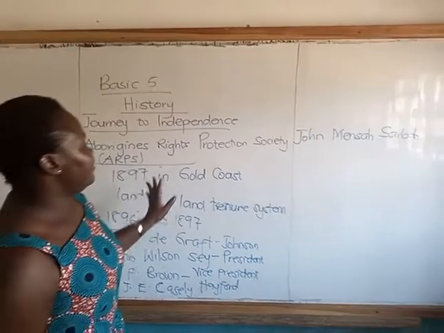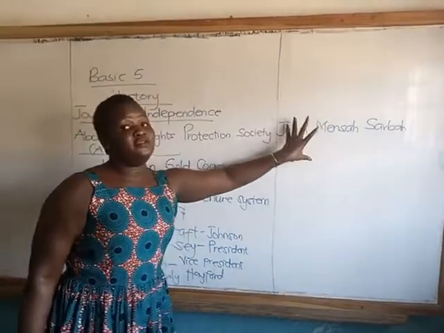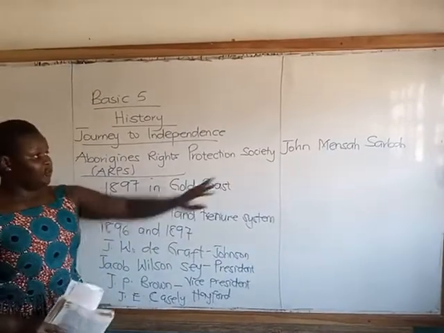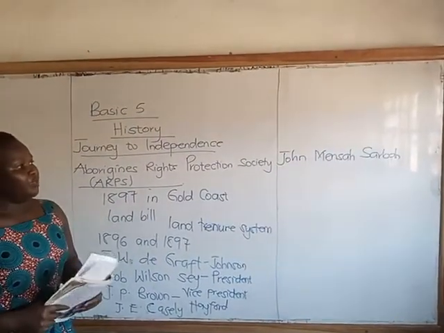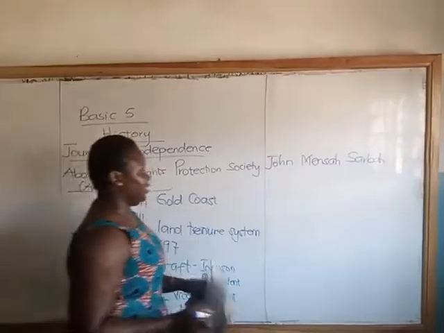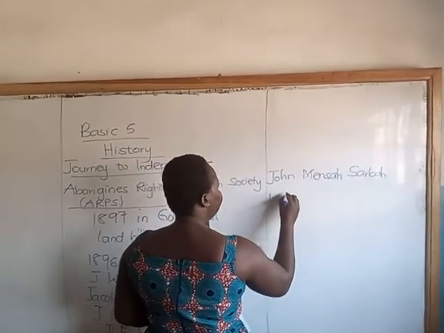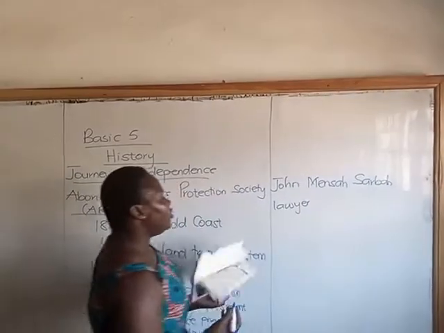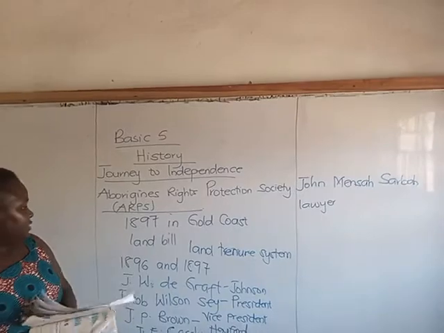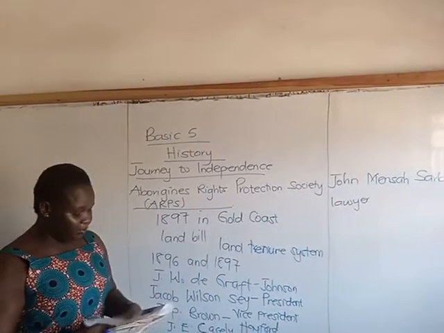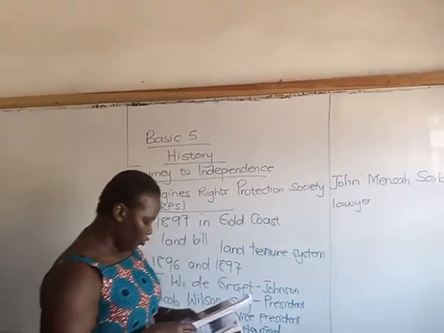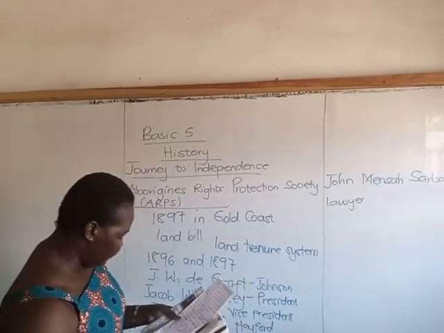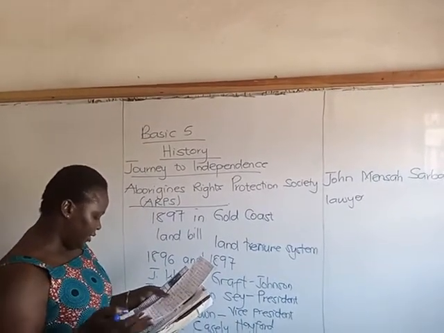John Mensah played a very important role because, though he was a member, he was a lawyer by profession. He was the one who helped in interpreting the land bill to the people of the Gold Coast, and then they stood up against it so that they would have rights over their lands.